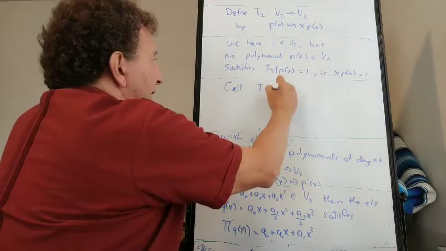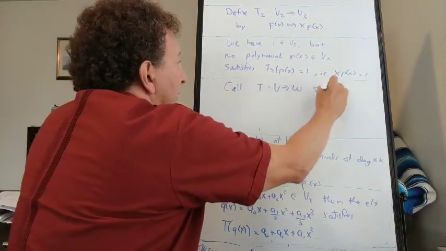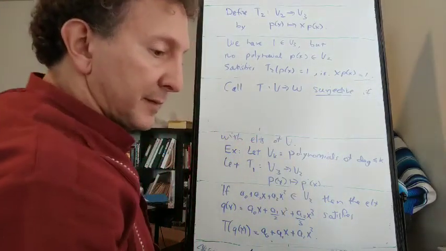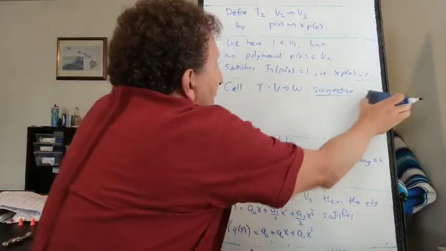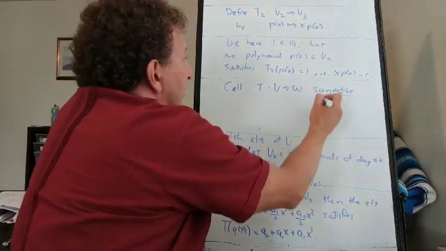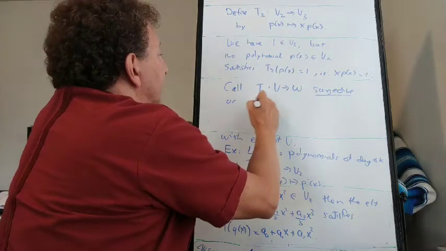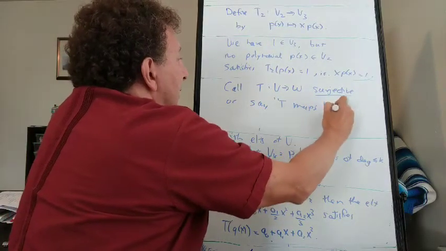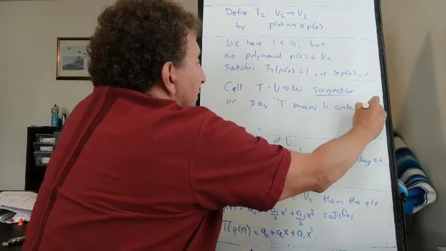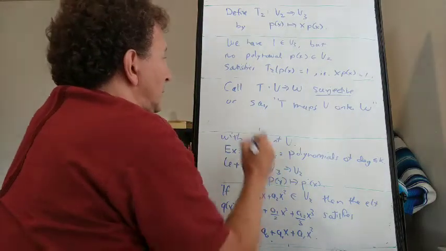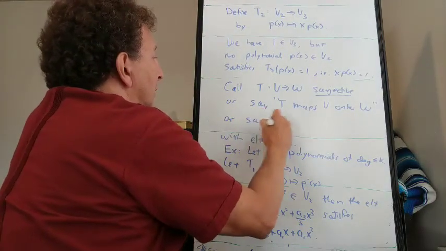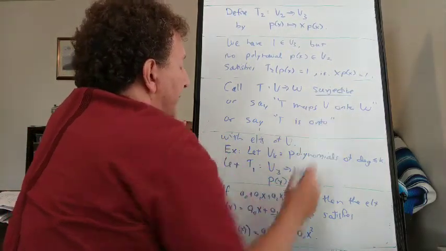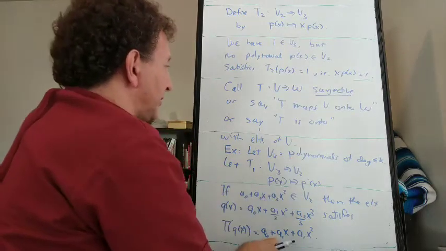We call a map T from V to W surjective. We can say this in a couple different ways. Or we say T maps V onto W. Or say T is onto, if you don't mind using a preposition as an adjective.